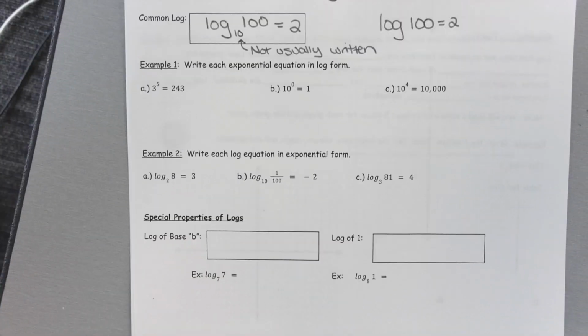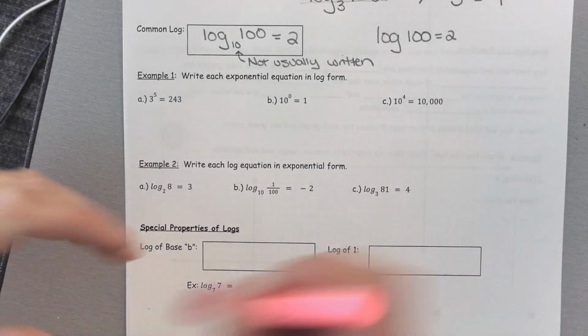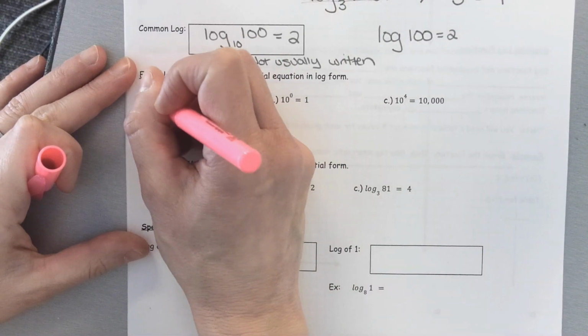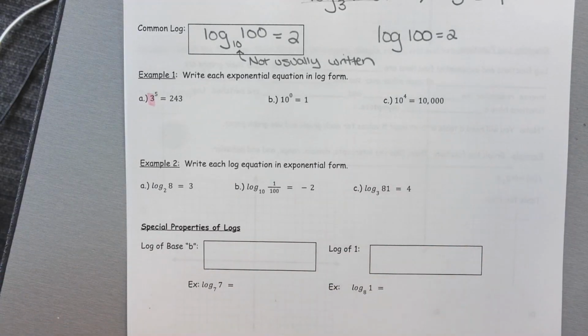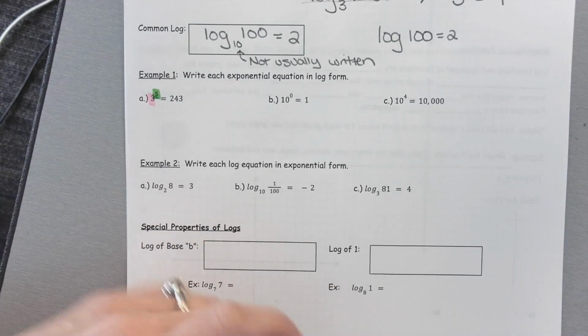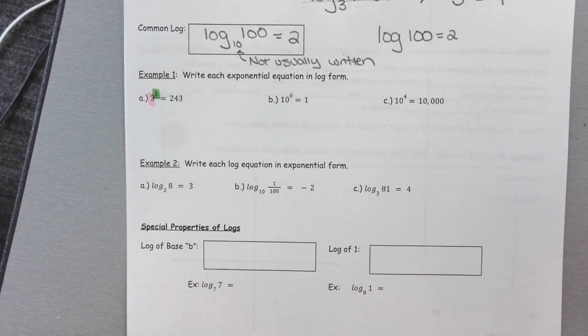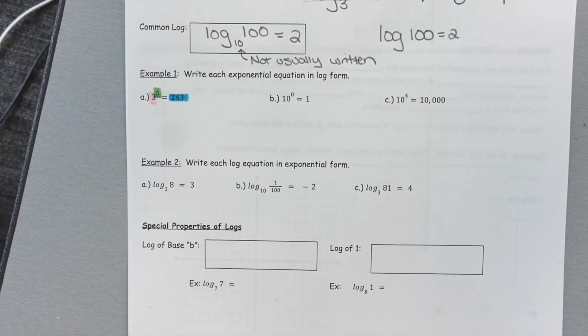Okay. First couple examples, we're just going to switch the format. We're not going to do anything else. This is where I got out my highlighters, and I think it helped. Okay, so I'm going to start by highlighting everything in the original. Do we agree that this is an exponential notation as it stands? Right? We've got an exponent situation going on. Okay. Let's switch over to logarithmic form.